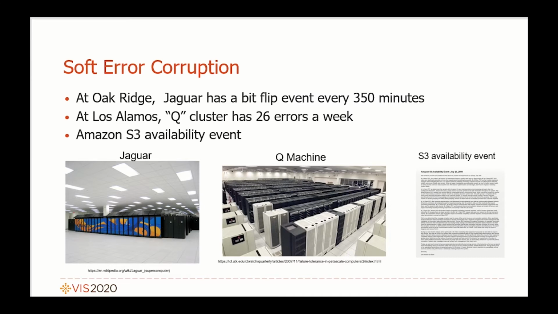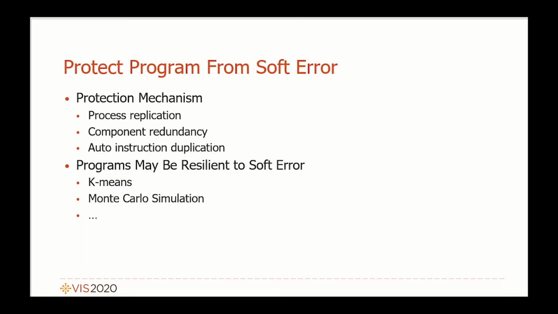For example, in Amazon S3 data centers, they report that a machine was corrupted by a single bit flip event, and that corruption led to incorrect system states. After the corruption, a large number of servers in the data center started sending each other system logs and other weird behaviors.